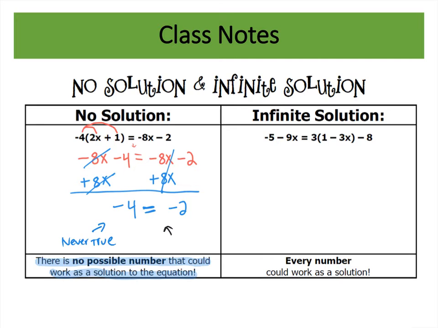So if you get to this point where you have two things that are never equal, negative 4 is never equal to negative 2, we write no solution. I'll highlight that. There is no solution to this equation. So pause the video, make sure you get all of this down.